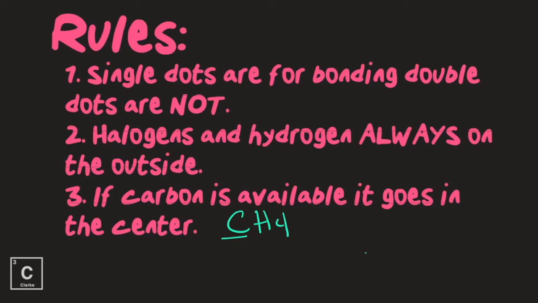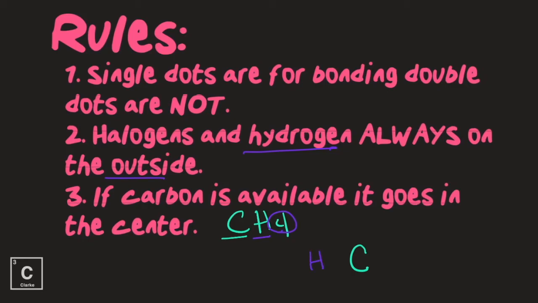Carbon has to be in the center. Hydrogen is also there. Hydrogen always has to be on the outside. There's 4 hydrogens. I'm going to put them all on the outside with carbon staying in the center.